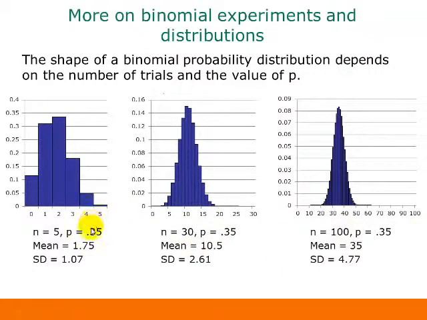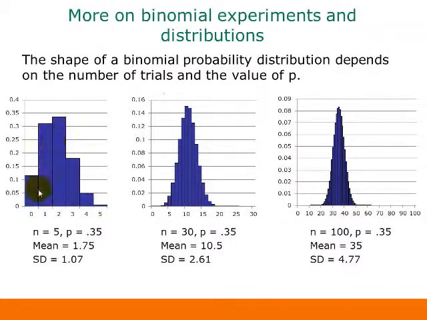Now, what if instead of changing the value of p, we change the value of n? Let's look at three pictures with different n values. So here we've got a probability of success of 0.35, and our sample size, or our number of trials, is only 5. So our possible values of x only go between 0 and 5.